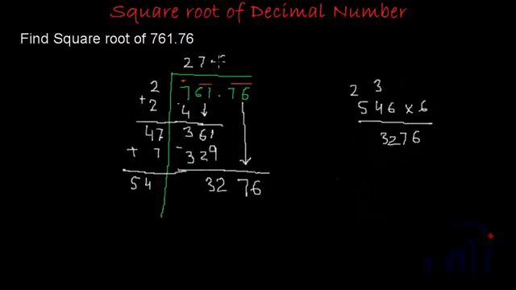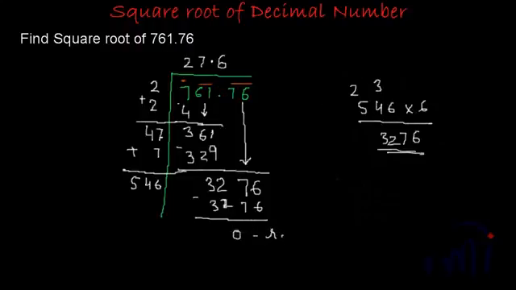So 6 is the number, right? Because this is exactly the same as what we have over here. So if we put 6 at the units place, we will get 3276. 546 multiplied by 6 is 3276. And if I subtract it, I'll get 0 as remainder.